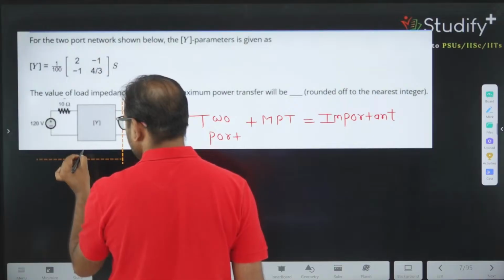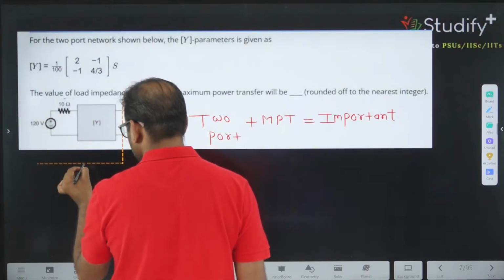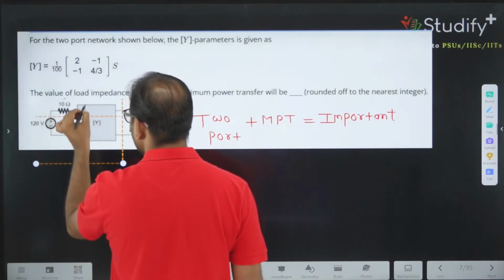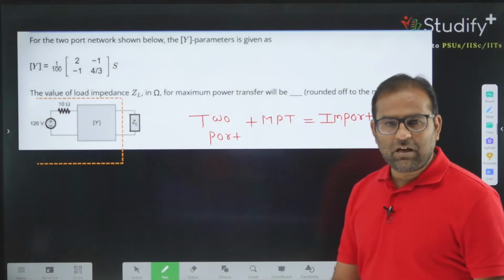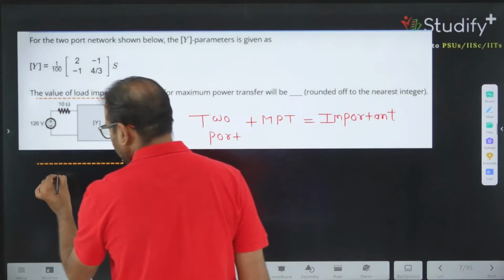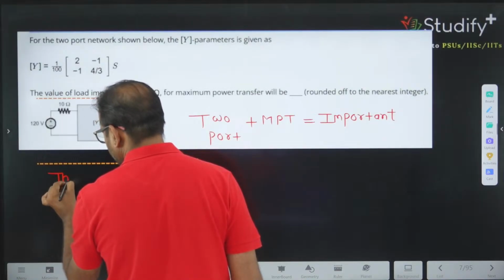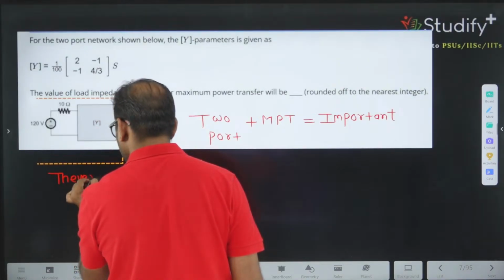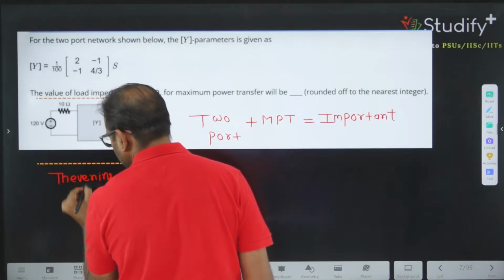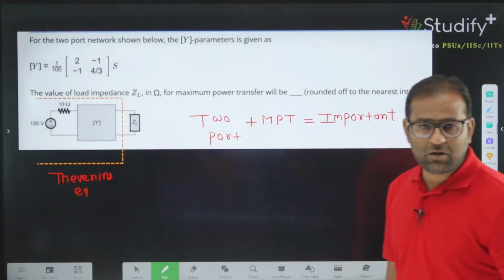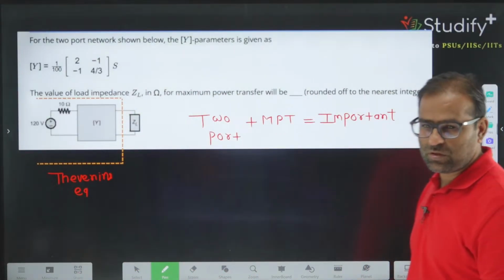Convert this part into Thevenin's equivalent. And this is again a 2-mark question, a very simple question.